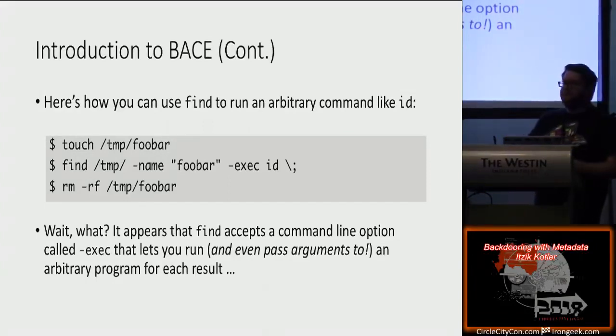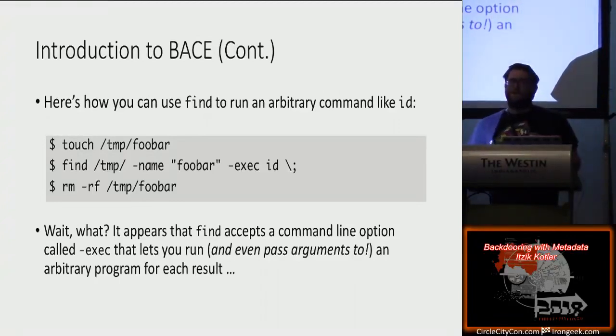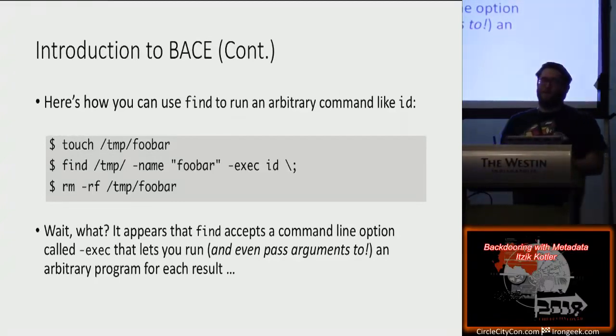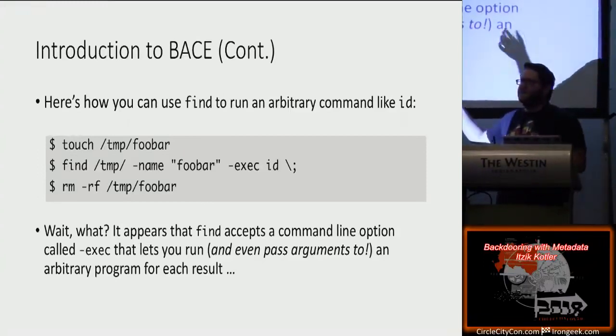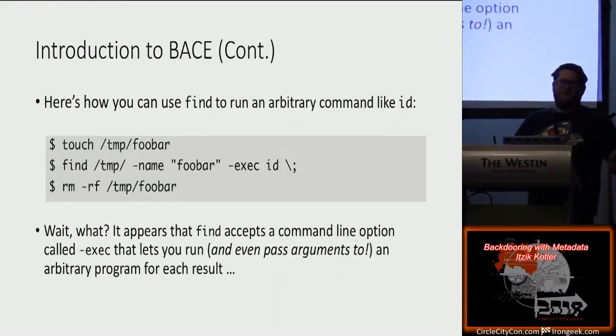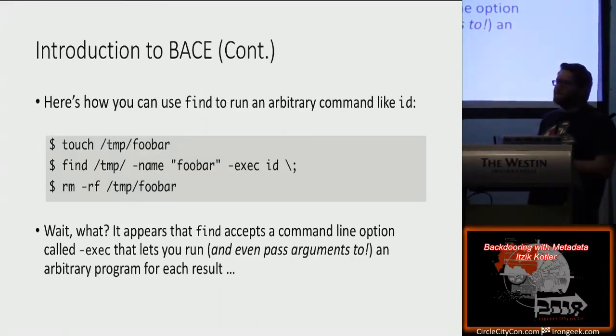The command id has nothing to do with finding the files. It's actually a standalone command. It doesn't pipe anything into it, but it will eventually run. And there is nothing special about the command id that I've used. As you will see further down the presentation, there will be other commands that I will use that will be more useful to me as the adversary. But in this case, this is just an off-the-bat example.